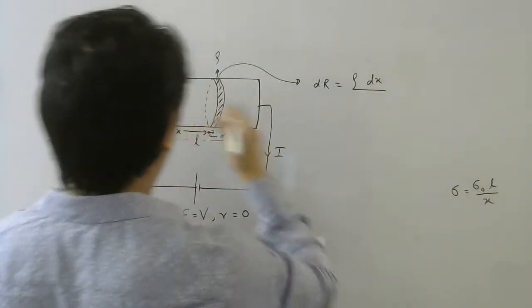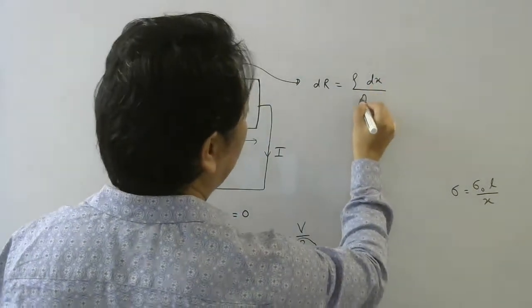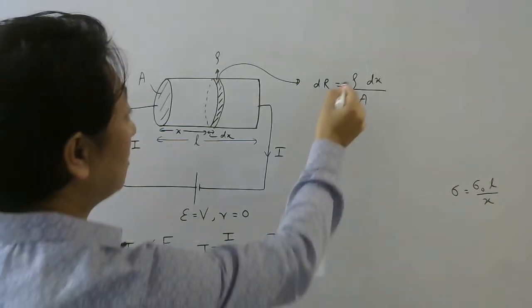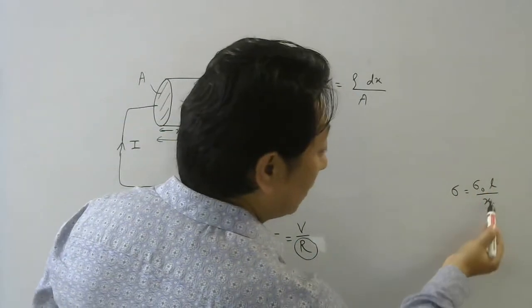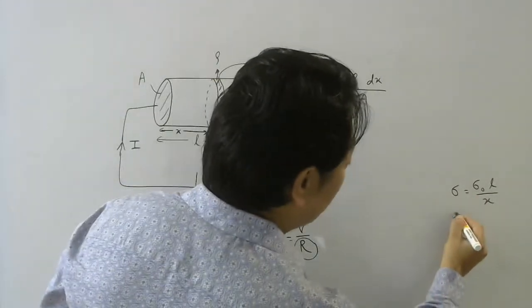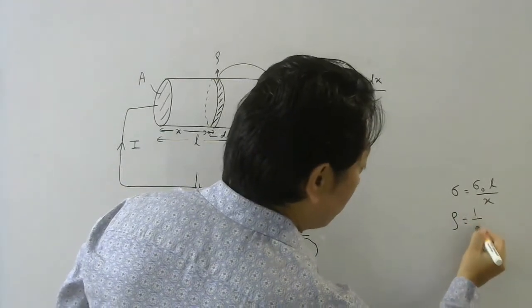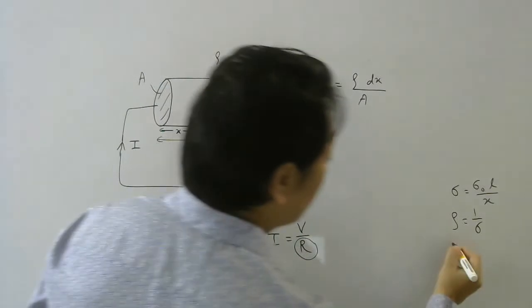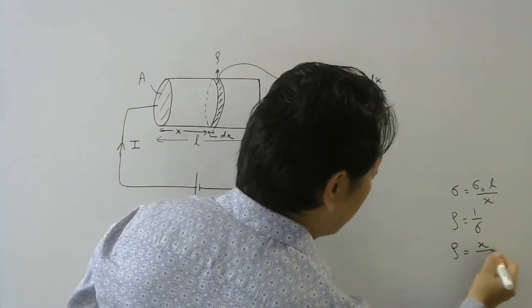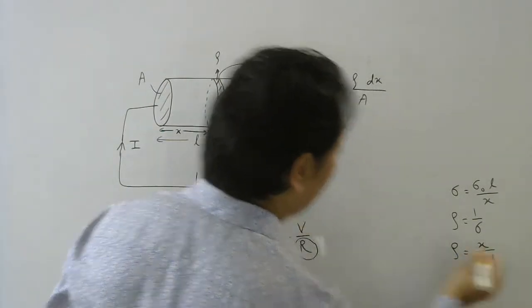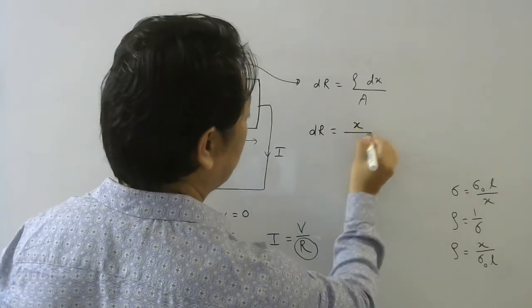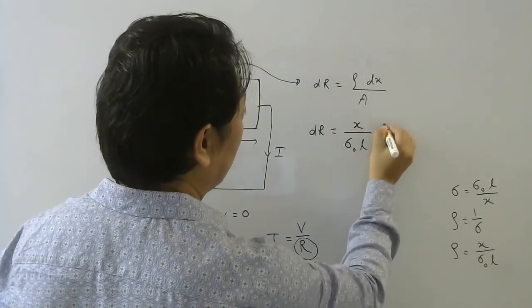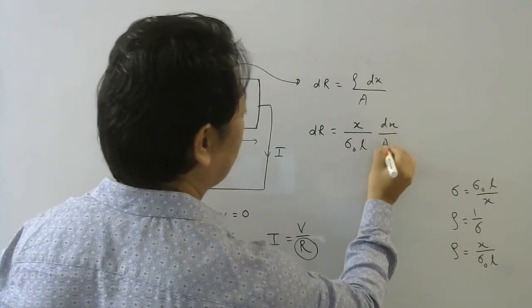Divided by area. Well, area is constant, so we can directly write A. Now what is resistivity at this location? Well, they have given you conductivity at x. So resistivity at x will be the reciprocal of conductivity, isn't it? So resistivity will be x by sigma naught L. So your dR will be equal to x by sigma naught L, dx by A.